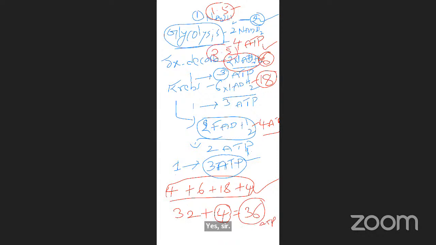That is the reason they get a total of 30. Our book also mentions 30 ATP per glucose molecule, with FADH2 taken as 1.5 and NADH2 as 2.5. Let me see here, page number 235. Yes, sir.